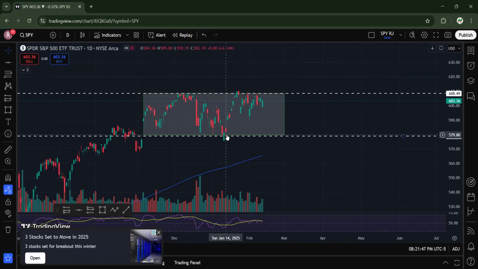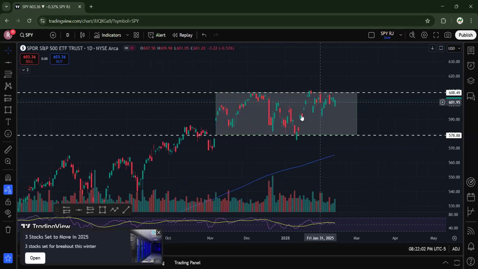You can see we have it here, with multiple touches, a lot of touches there. So this 578 is a very crucial level. With just two lines, I can tell you the next big move is not going to come until either 610 is broken or 579 or 578 is broken.